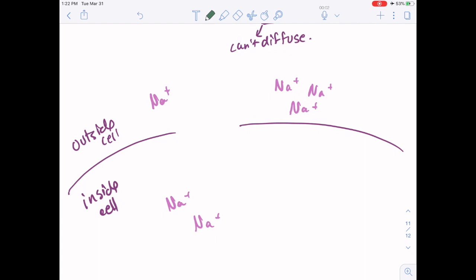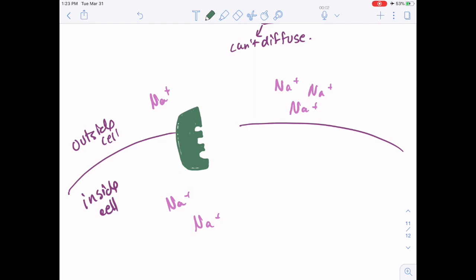Let me draw it like this. There's part of the protein there. Oh, it is just so tempting to spend all this lecture time drawing pretty protein pictures.